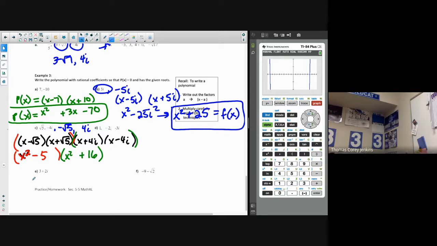x squared times x squared is x to the 4th, which makes sense since we had 1, 2, 3, 4 roots. Then you have plus 16x squared, then minus 5x squared, and minus 80 at the end.